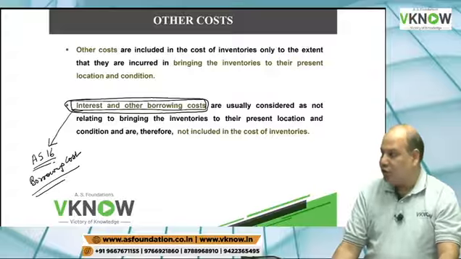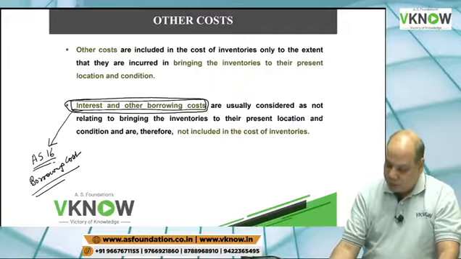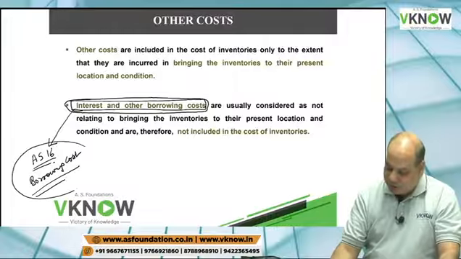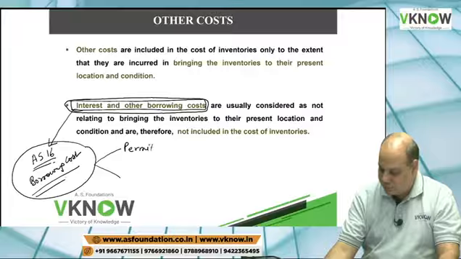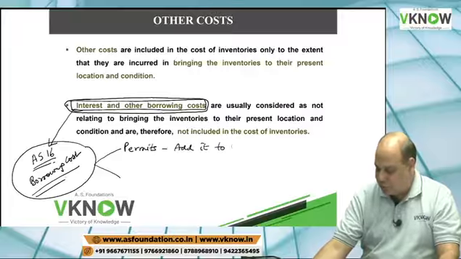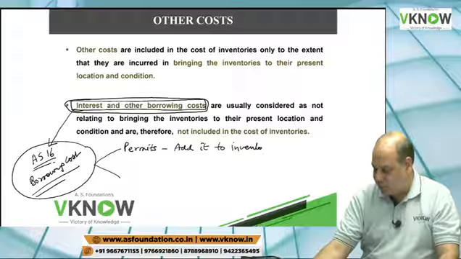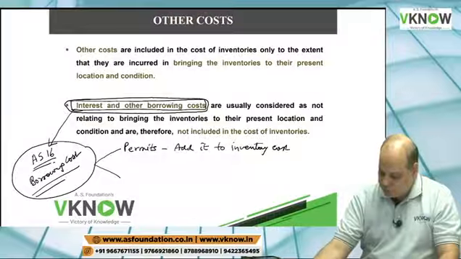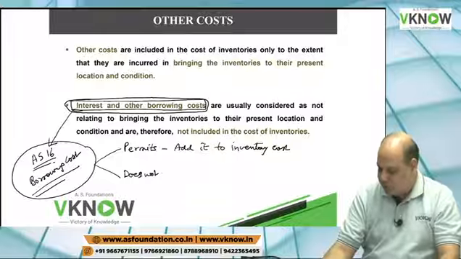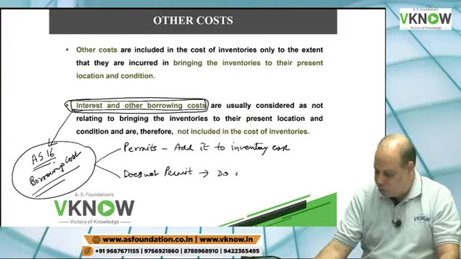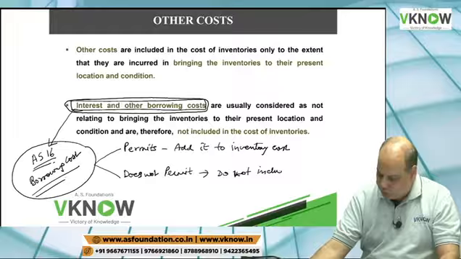AS 16 deals with borrowing cost. If AS 16 permits, then add it to inventory cost. If AS 16 does not permit, then do not include.